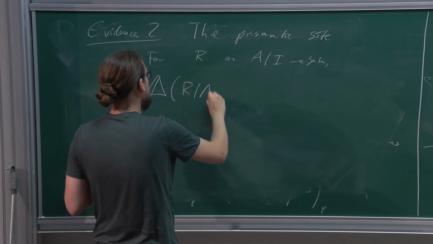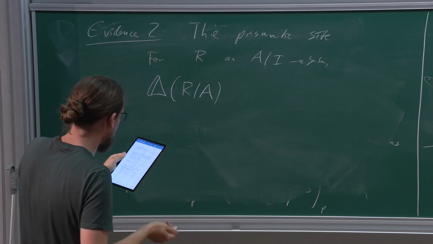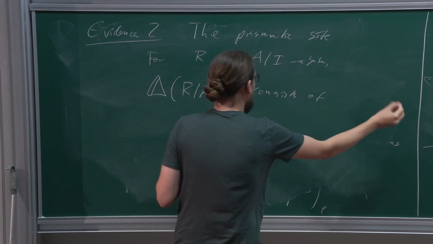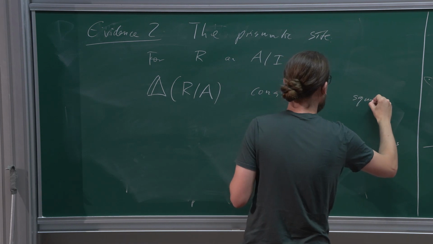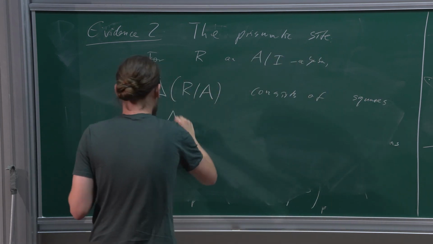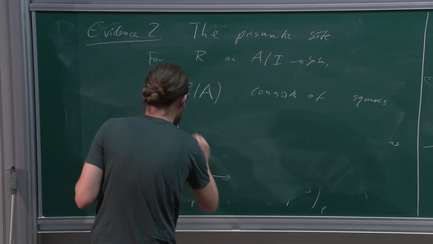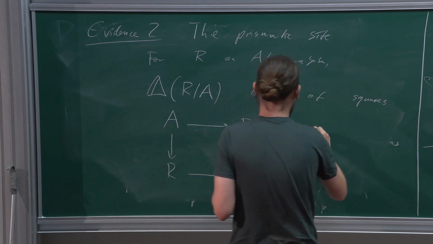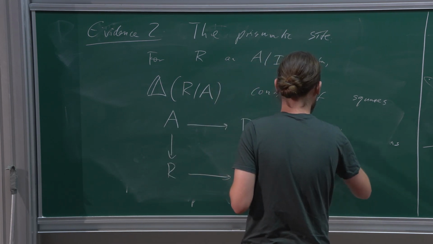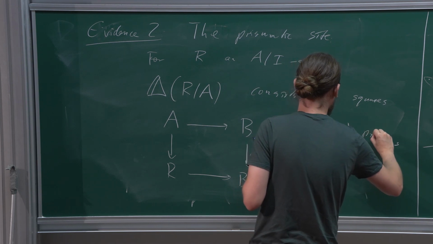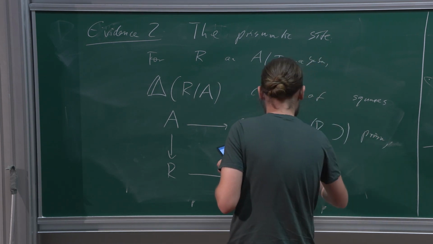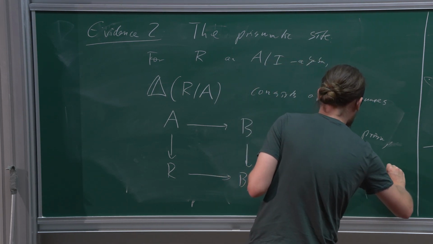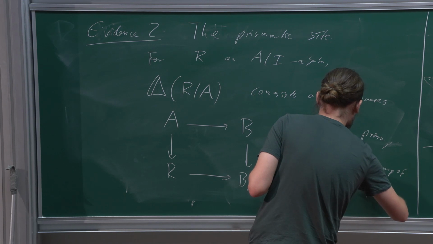The prismatic site that prismatic cohomology was defined over consists of squares A, R, B, B mod J, where B is a prism with the ideal J, and A to B is a map of prisms.